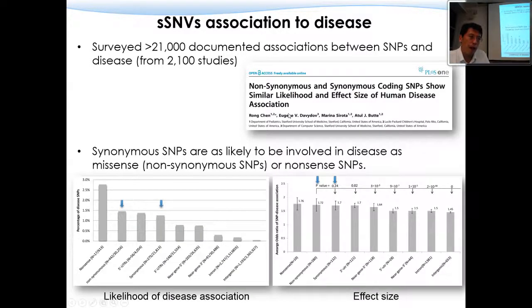Here is some of the detailed data. The left one shows the likelihood of disease association, the p-value, and the right one shows the effect size.